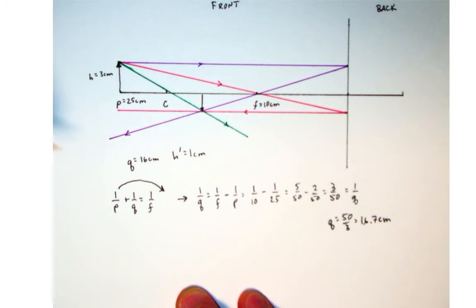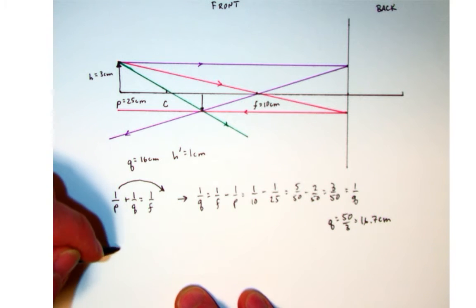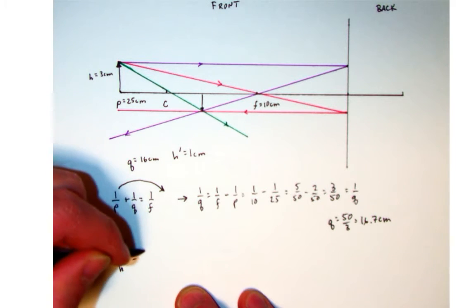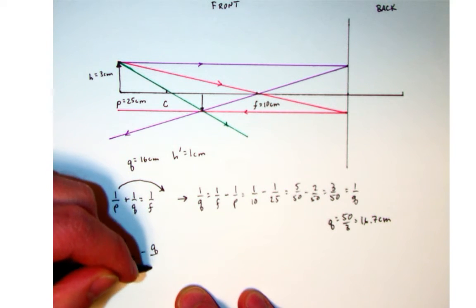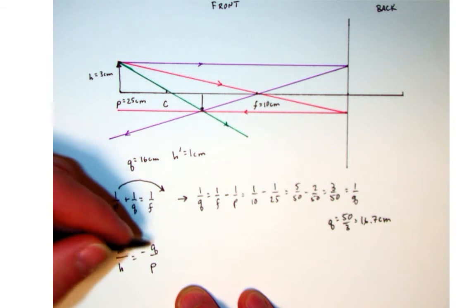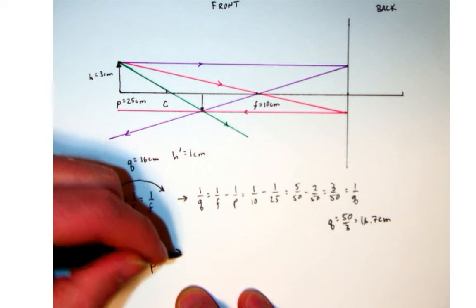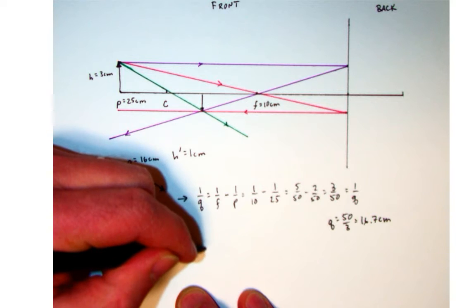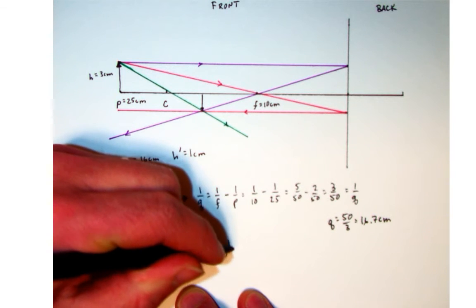Alright, now to find h prime, the height, I'm going to use the magnification equation. I know that h prime over h equals negative q over p. And so to solve for h prime, I get h prime equals negative qh over p.